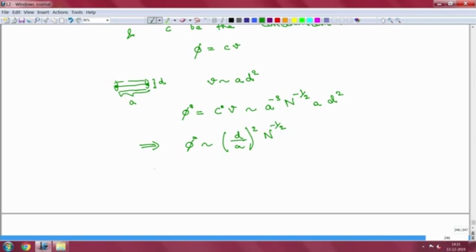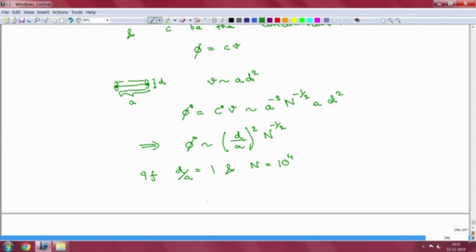happens? So, if D by A is equal to 1, and I am trying to take a very specific scenario, and n equal to let us say 10 to the power 4. So, I am taking a polymer such that on the molecular scale this D by A comes out to be almost 1, and it has 10 to the power 4 segments.